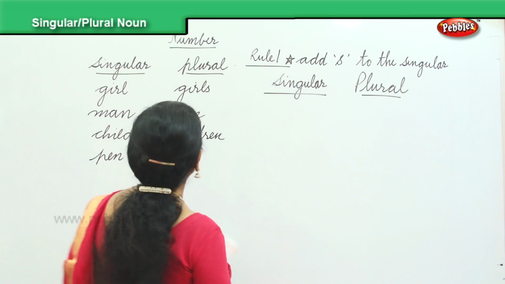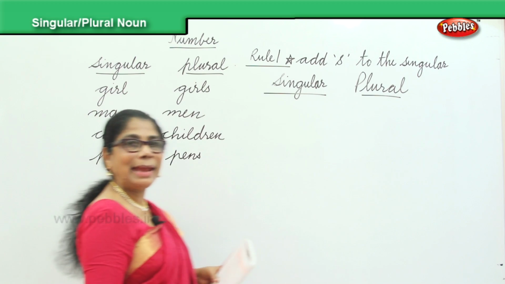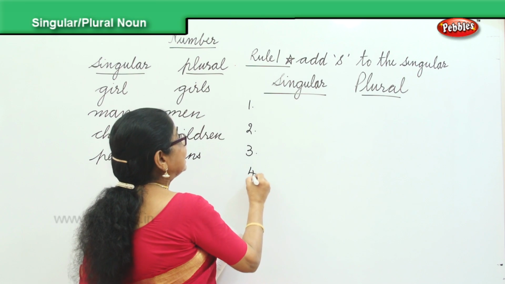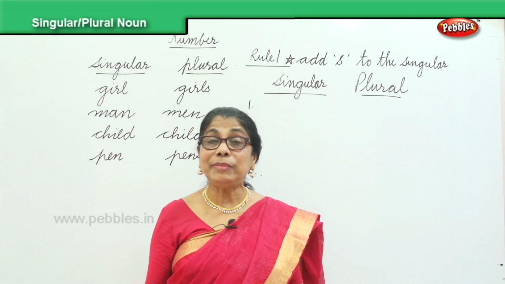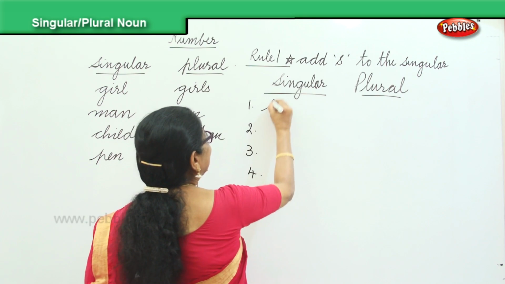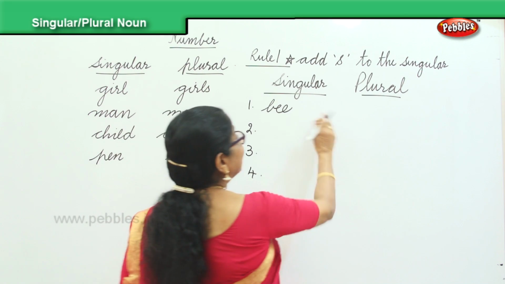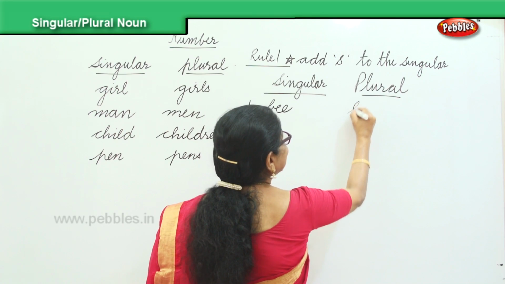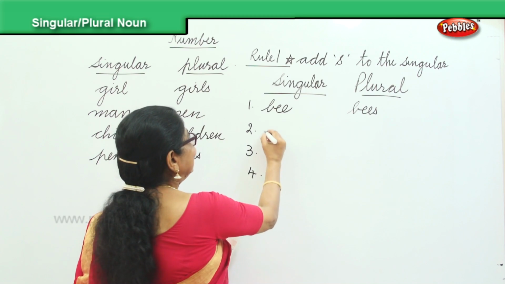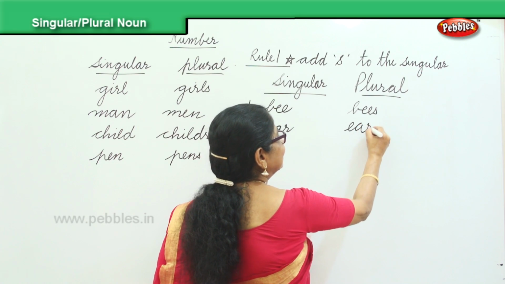All right? Now, you have here singular, girl. You form the plural by adding s. So similarly, we are going to do a number of singular nouns, and how are we going to change them into plural? Let's see. Now, when you say bee, one bee, and there are many, you add s. Bees, very simple. Then you have ear. You have more than one ear, so you say ears.